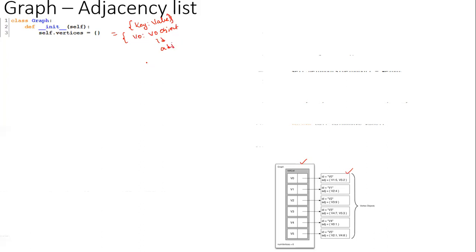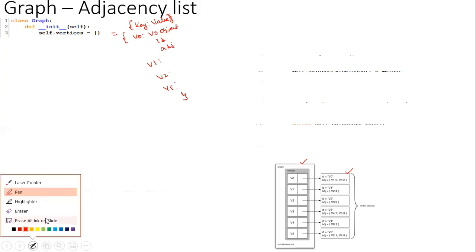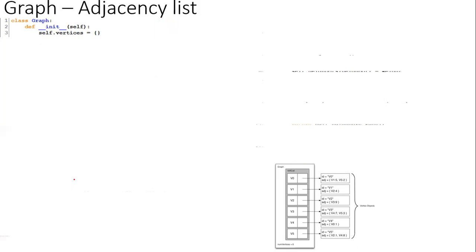Similarly for V1, V2, V3, for all the vertices. That's the main use of the constructor part. Next, we have some more housekeeping functions, which are used to load the values onto these classes and objects.